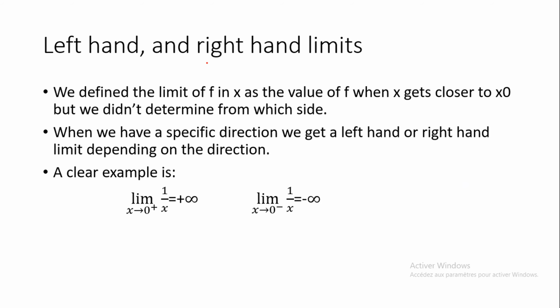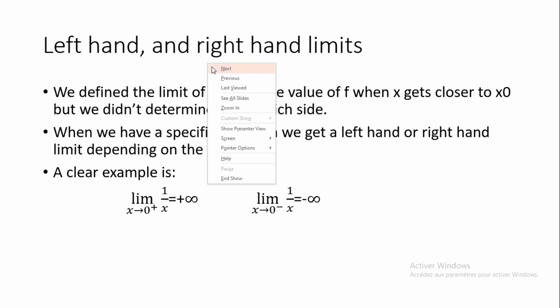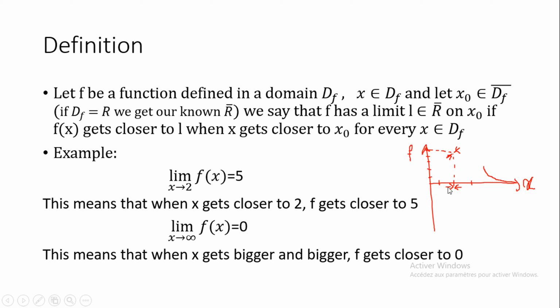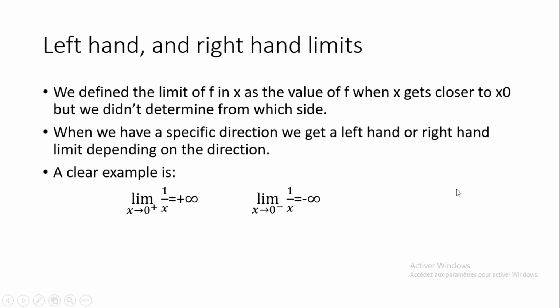Now let's move to left-hand and right-hand limits, as we just saw in the last example. So we either get closer to our x0 from the right-hand side or from the left-hand side. So from here we are getting closer from the left, and from here we are getting closer from the right.